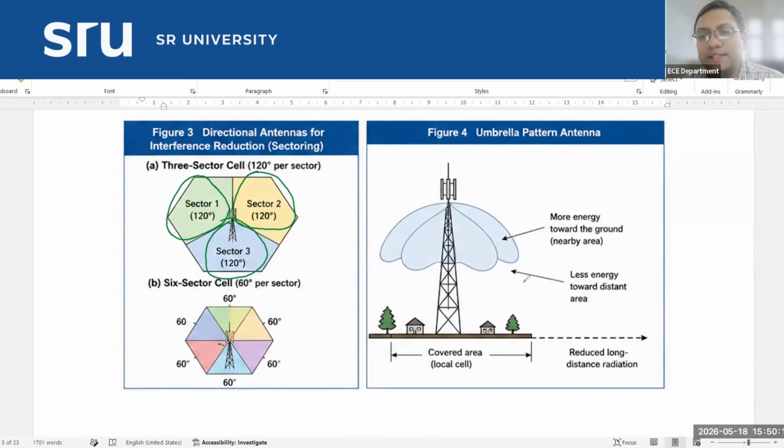So more energy will be focused towards the ground in the nearby area of the cell tower, and less energy towards the distant area.